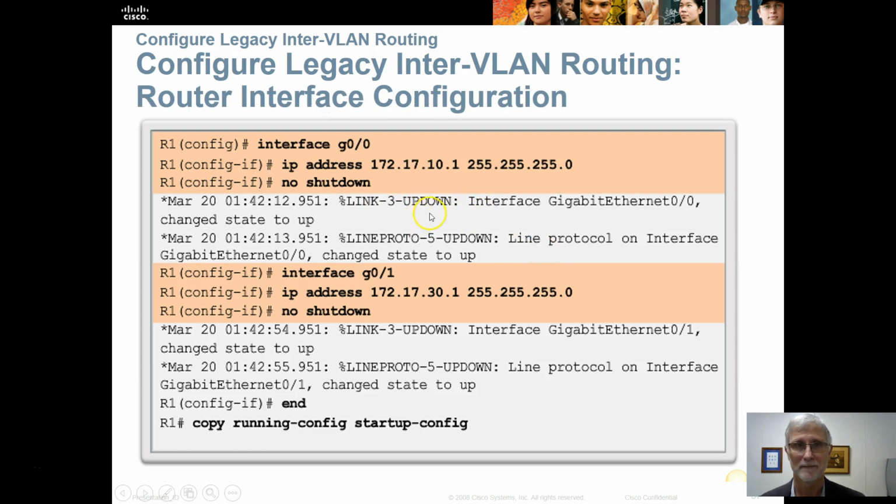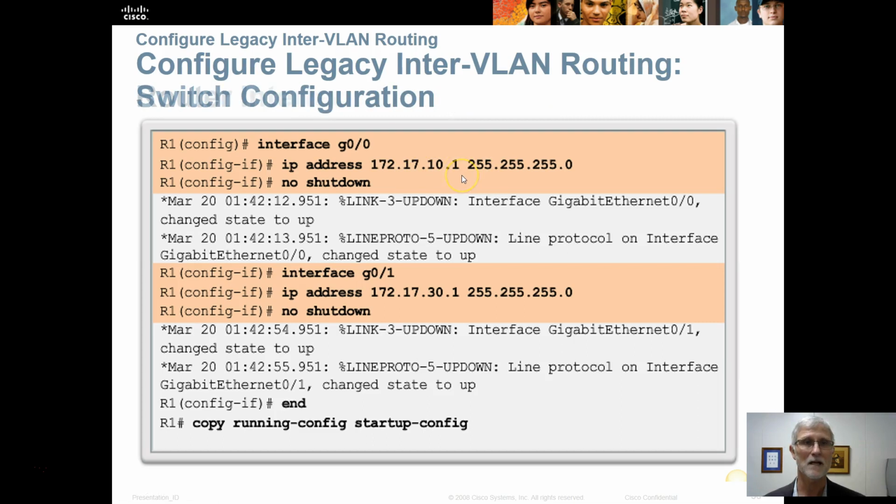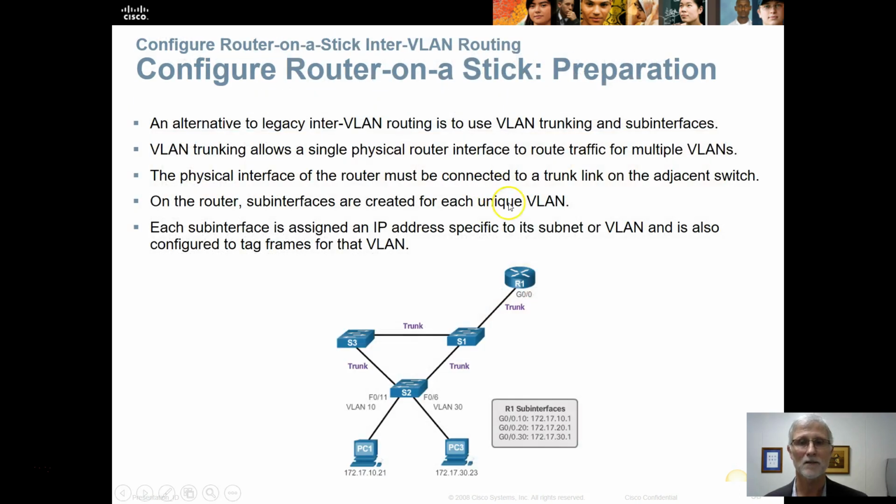Now, let me just make sure I've got this right. Switch configuration. Okay, I think they gave me the same one. That's the router configuration. They goofed on that one. That's all right, we'll make it work.